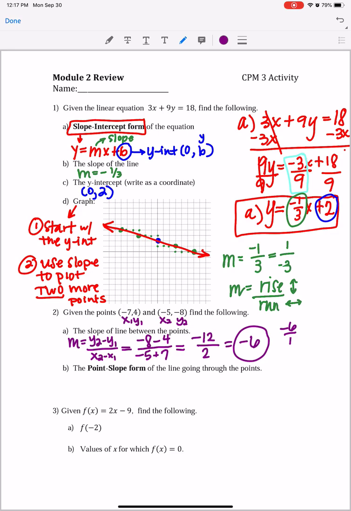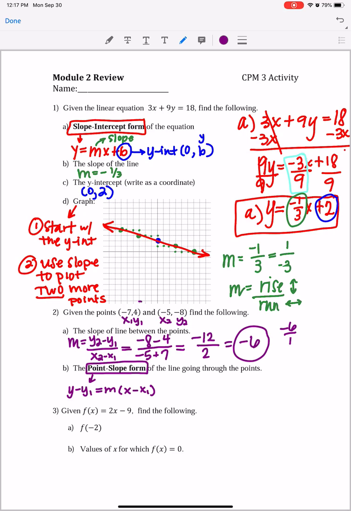Your point slope form is your y minus y1 equals m times x minus x1. That's another formula you have to memorize. So, pick one of your 2 points, and it doesn't matter which.